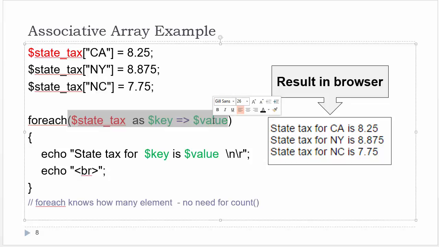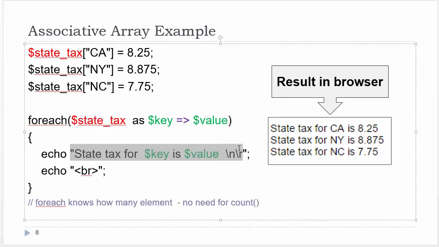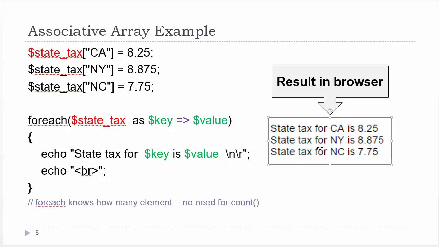So here we can loop through, and in our echo statement we have a literal expression here, and then we have our variable. So we're pulling out the variable for the key, we're pulling out the value for the value variable. Remember, these are just placeholders. And we'll loop through it. Here is our output in the browser.